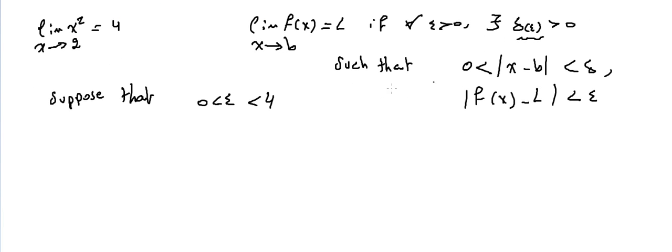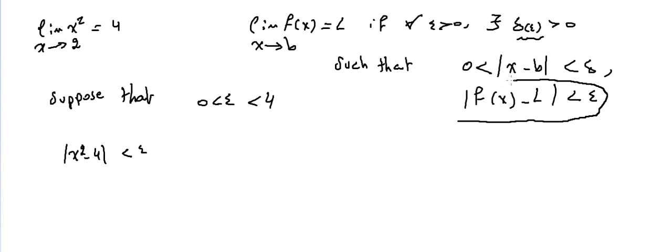First, what is the absolute value of x squared minus 4? It is less than epsilon for sure. So we are talking about the absolute value of f of x minus L less than epsilon. This implies minus epsilon less than x squared minus 4 less than epsilon.